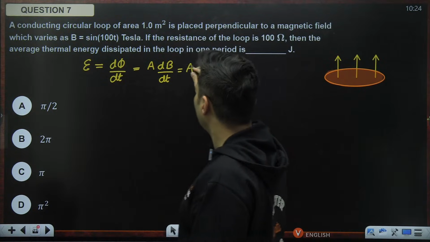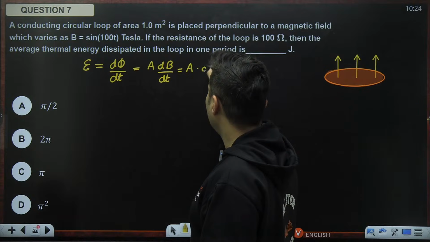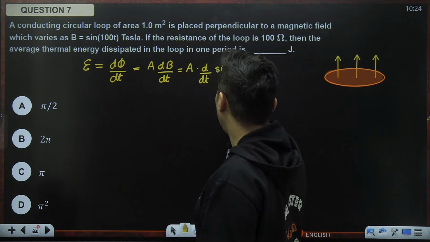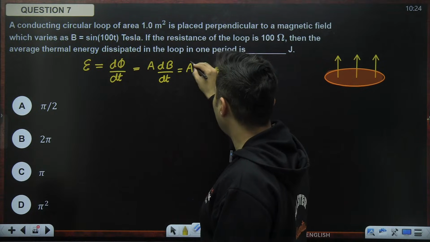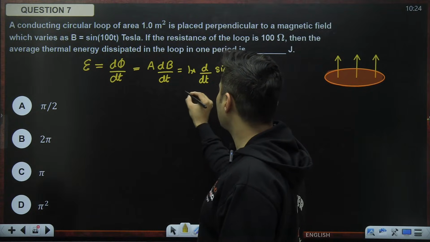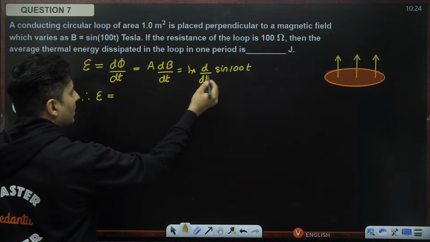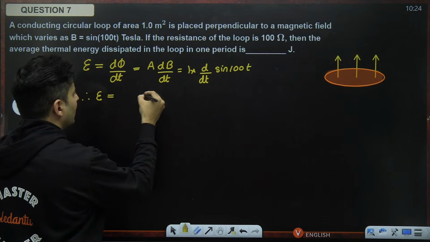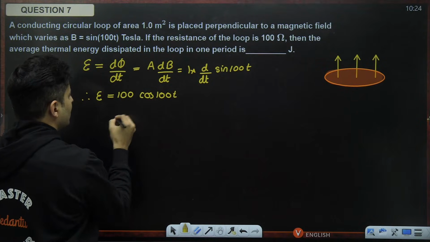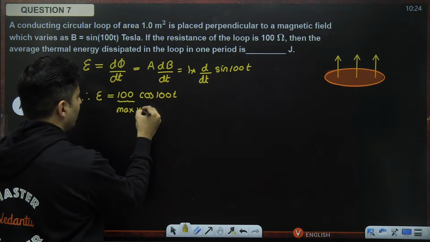So dB by dt means the derivative d by dt of sine of 100t, and this area is also given to me. Area is 1 meter square, so area goes outside. Therefore my EMF will be the derivative of sine 100t, that will be cos of 100t, and that 100 will come outside. So this is nothing but maximum voltage.